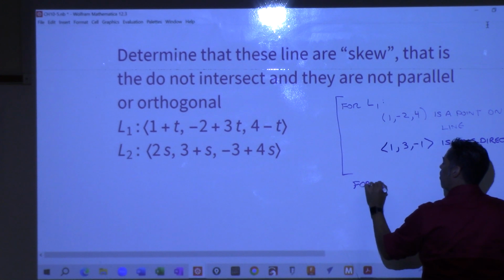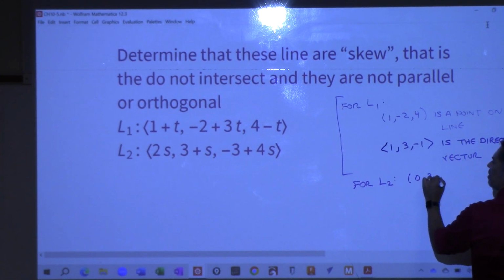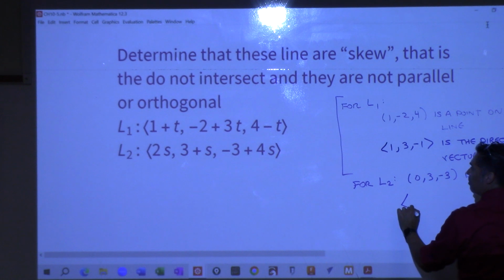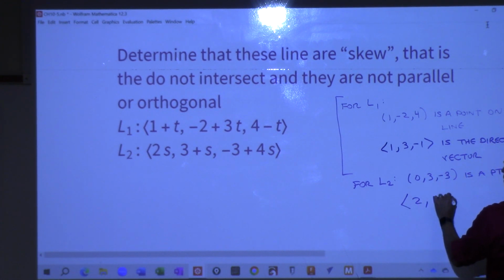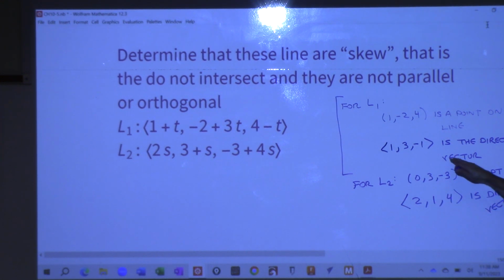For the second one, L2, we have the point 0, 3, negative 3. But more importantly, the vector 2, 1, 4 is the direction vector. So this is the direction vector of that line, and this is the direction vector of that line.